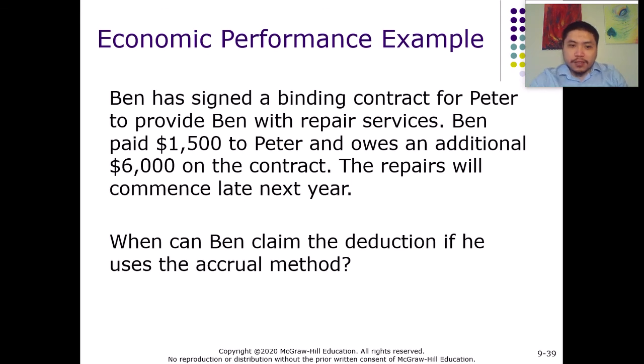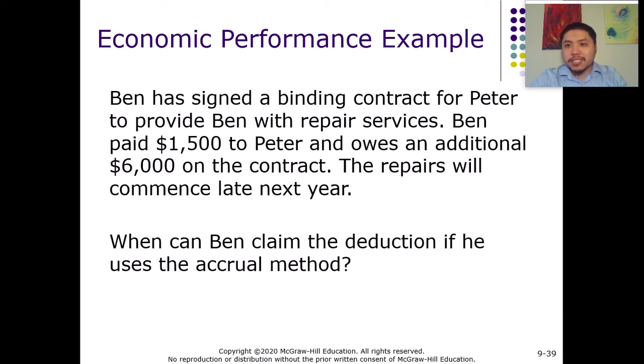That means in the current year, Ben cannot expense anything, right? It's way past the 3.5 month window, and the service is due to happen next year. So this current year, Ben cannot claim the deduction of the $7,500.